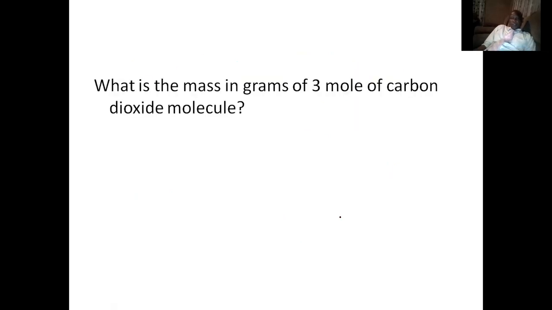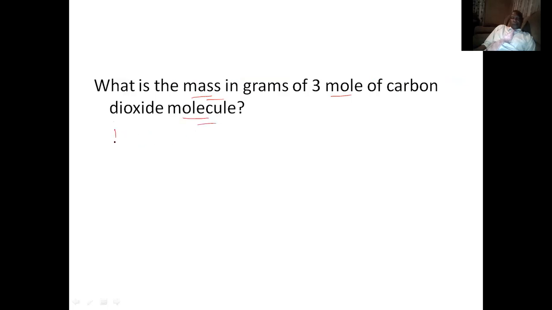The second part of the question also wants us to calculate the mass in 3 moles of carbon dioxide molecule.